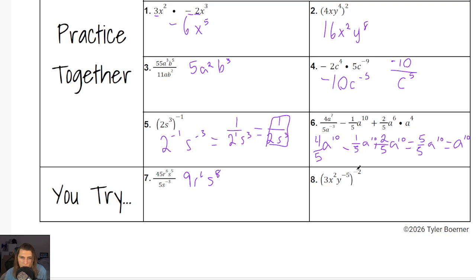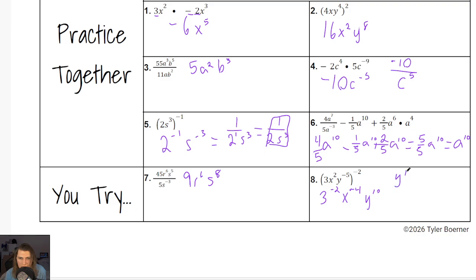Number 8, we distribute our exponent. So again, I would write it down first as 3 to the negative 2 times x to the negative 4 times y to the positive 10. And again, when we have negatives, we're only flipping the parts that have a negative exponent.